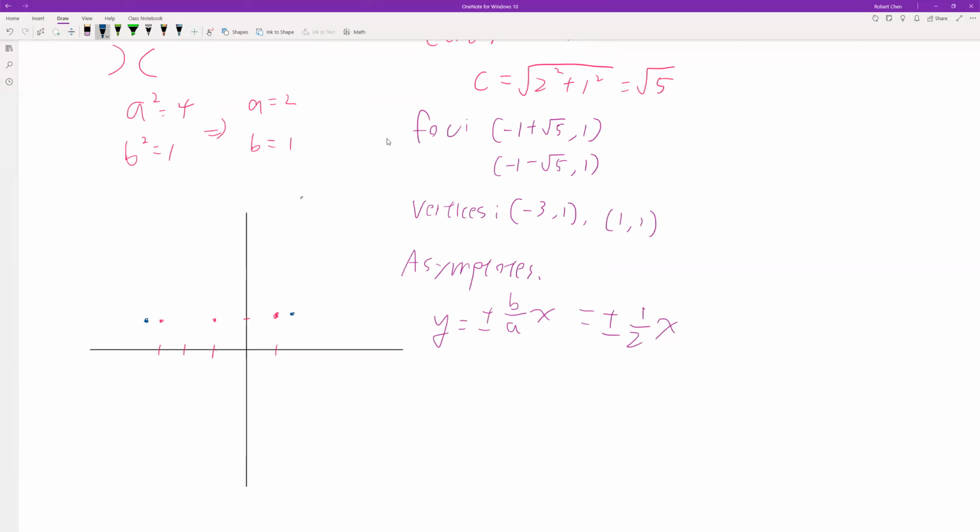Okay, the asymptotes are going to be plus or minus 1/2 x. Right, but the center is at -1, 1. So we're gonna use this as a center and graph a line that's plus 1/2 x. So that will be like that.